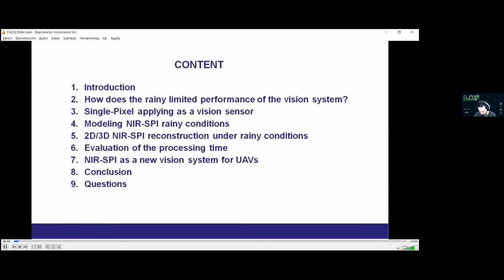Content of the section: introduction, how raining lines affect the performance of the vision system, single pixel application as a vision sensor, modeling NIR under raining conditions, 2D and 3D NIR single pixel reconstruction under raining conditions, evaluation of the projectile NIR as a new vision system for drones, and conclusion.